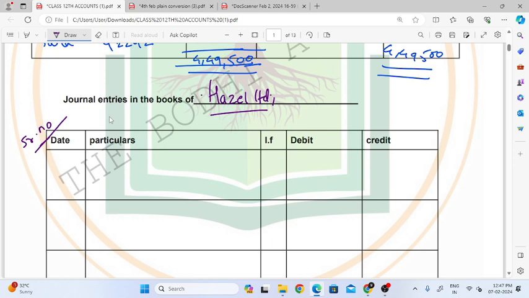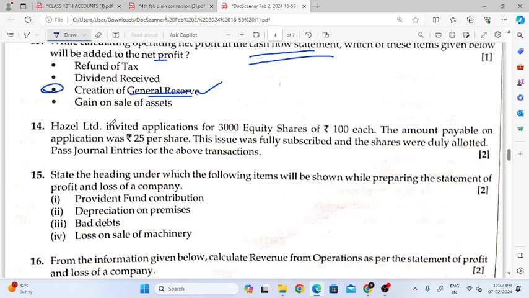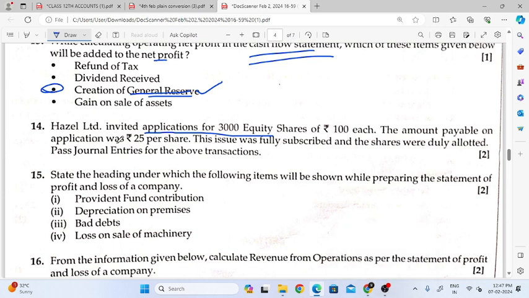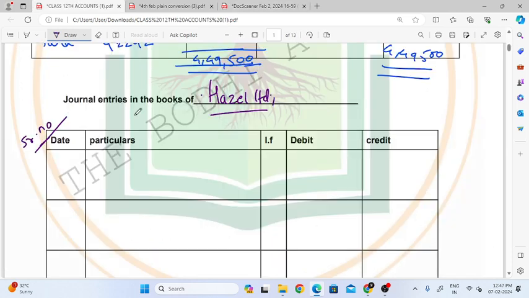Now the question they have given is, Hazel Limited invited applications for 3000 equity shares of ₹100 each. The amount payable on application was 25 per share. This issue was fully subscribed and the shares were duly allotted. Pass journal entries for the above transaction. So 3000 equity shares and only application money is given, so we have to pass only two entries.